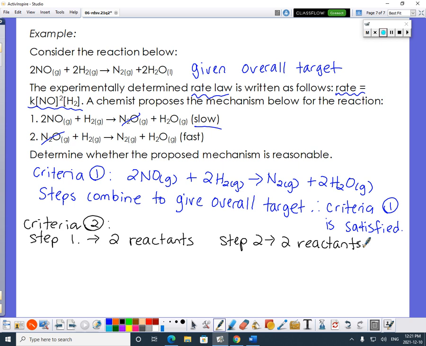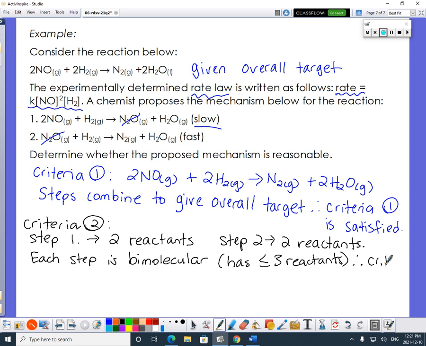I'm going to use the word bimolecular just to, because, you know, let's be fancy. Again, there's different things you can say, less than or equal to 3 reactants, that's fine too.